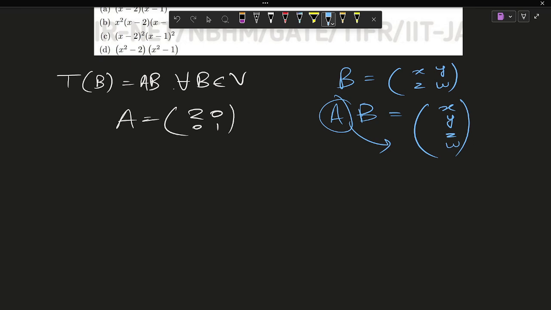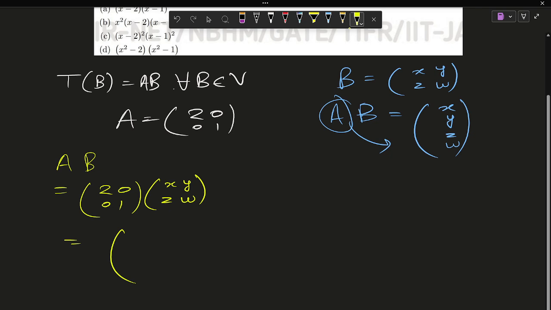So let us multiply. Our AB is [2 0; 0 1] times [X Y; Z W]. That will be 2x, 2y, z and w.